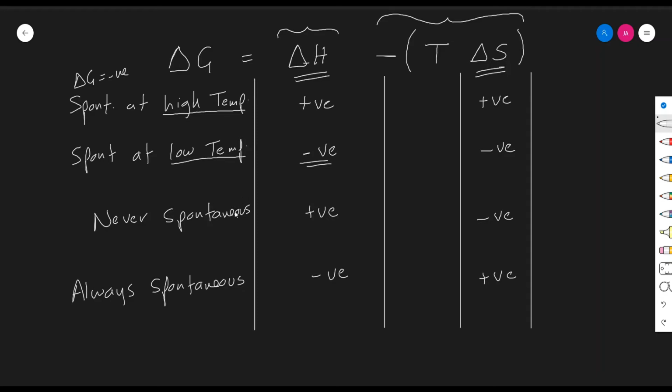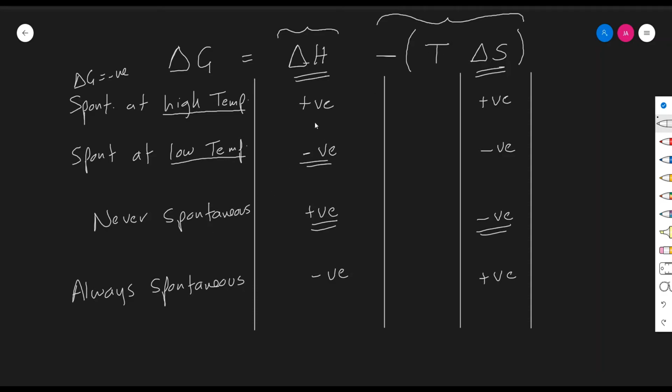Let's explore these last two examples. In this example, we will consider a positive value for the enthalpy change of the reaction and a negative value for the entropy change of the reaction. A negative sign for delta S multiplied by negative T would produce a positive value, and since the enthalpy change is also a positive value, the sign of delta G produced would always be positive and independent from the temperature, as I stated previously.